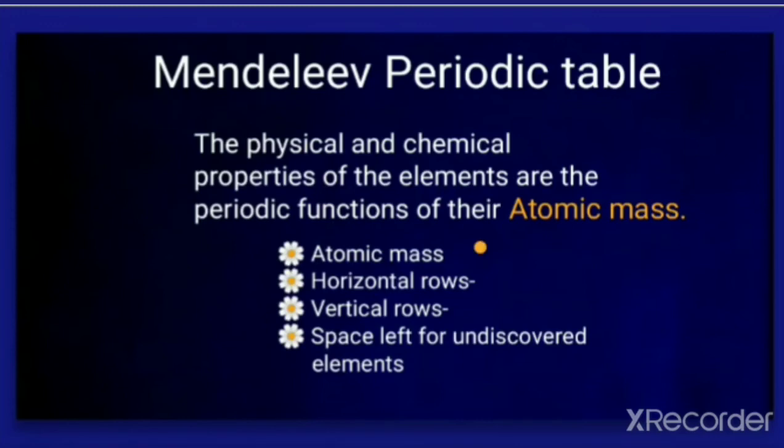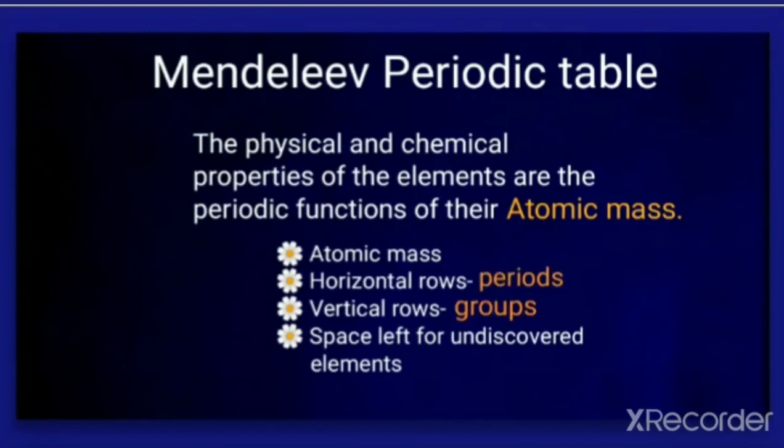Therefore, the elements are arranged in the increasing order of atomic mass. In this table, there are some vertical columns and horizontal rows. The vertical columns are named groups and the horizontal rows are called periods. One more important point in Mendeleev's periodic table is that space is left for undiscovered elements. So for the elements which were not discovered at the time, space was left.